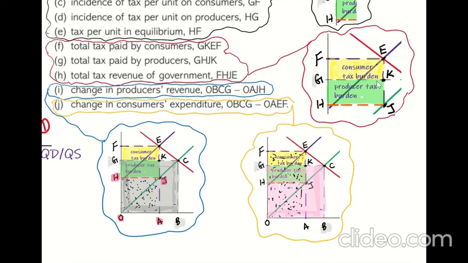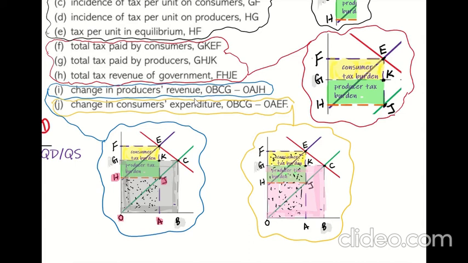So what is the total tax revenue for the government? It's a combination of the consumer tax burden and the producer tax burden. Therefore, F, H, J, E represents the total tax revenue of the government. Now, let's find the change in producer revenue.